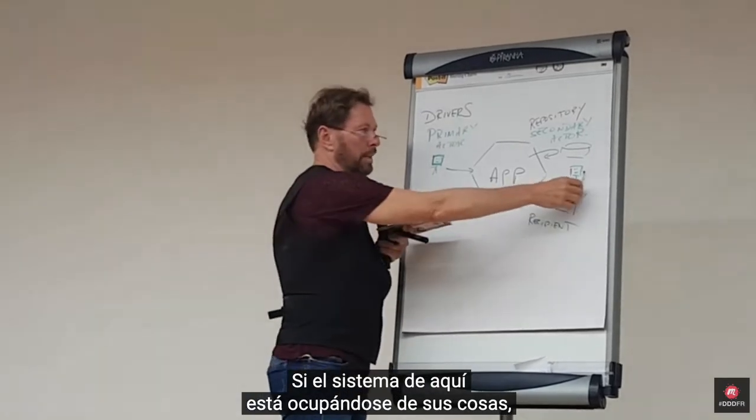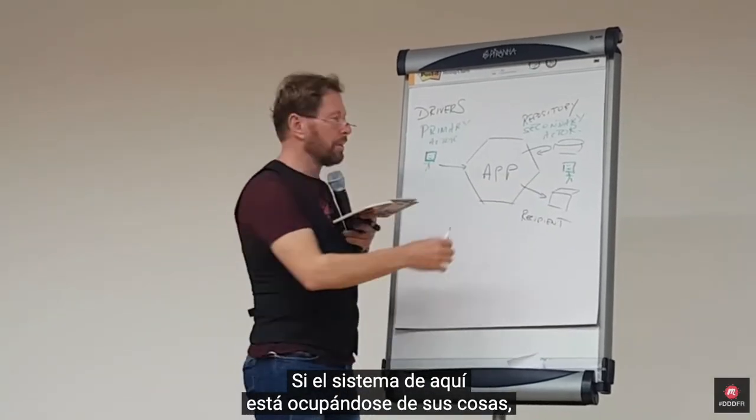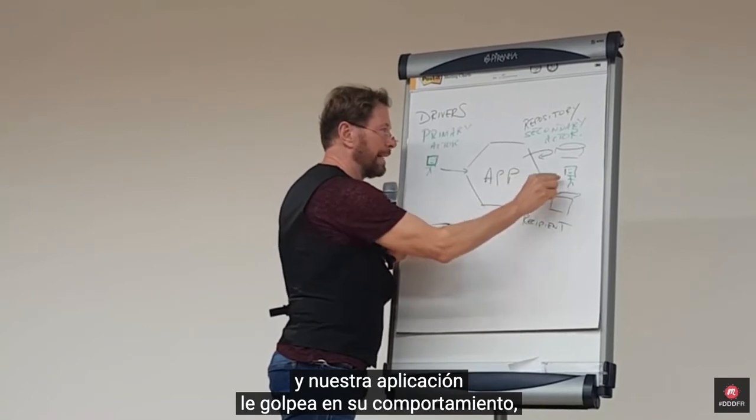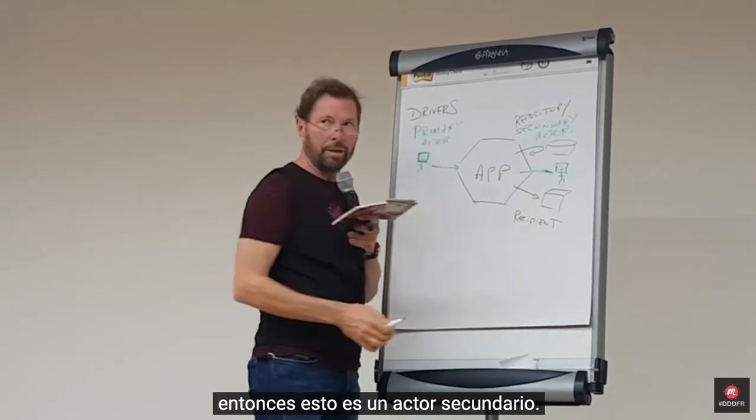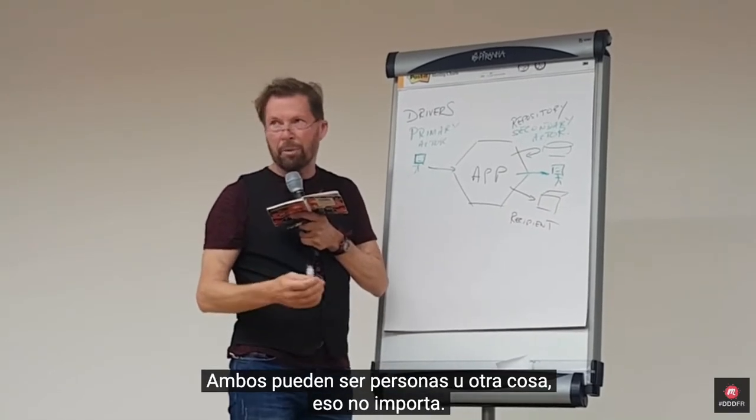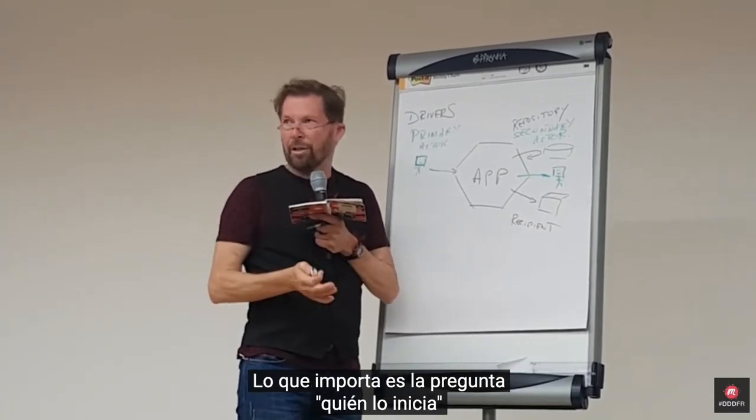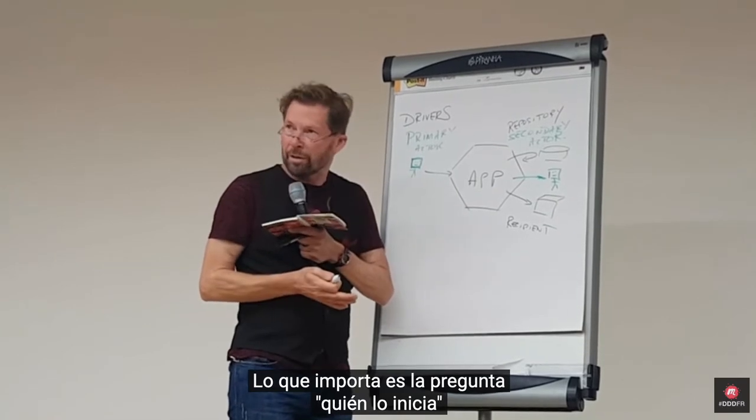If the system over here is sitting there minding its own business, and our application kicks it into behavior, then that's a secondary actor. They can both be people, none of that matters. It's just a question of who triggers it.